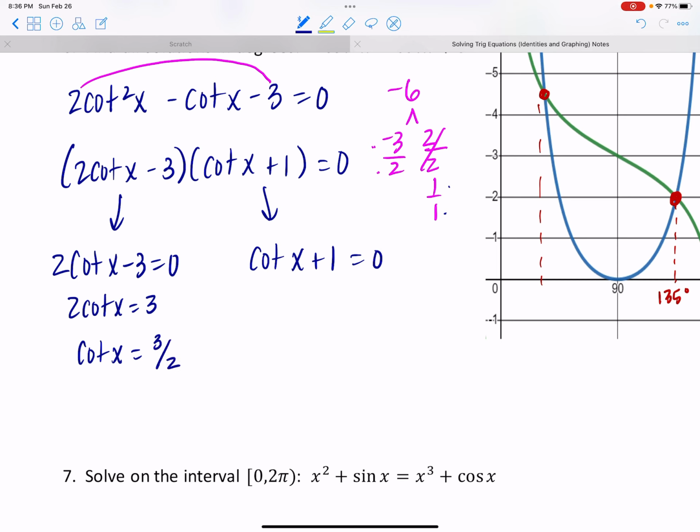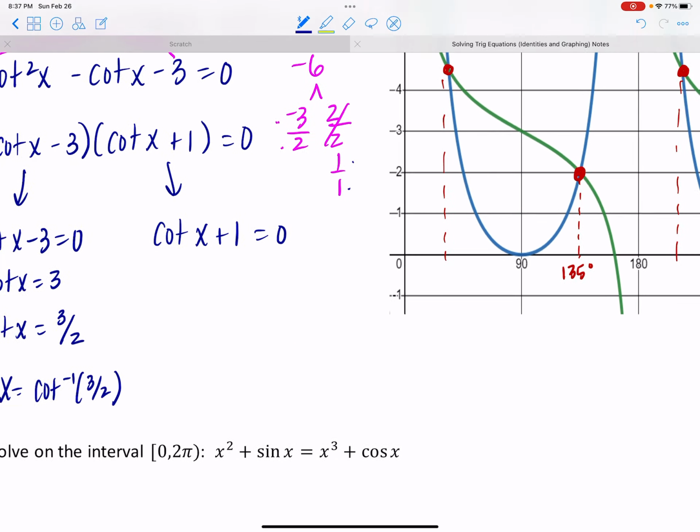Well, cotangent, remember, we get this by dividing a cosine by sine. The only options are to get a radical 3 over 1, a 1 over radical 3, a 1, or a 0. 3 halves is not going to happen anywhere on our unit circle. So the only way to get the answers here would be to use our inverse cotangent. And so putting that into the calculator would give us the approximation that we're going to see happening over there.